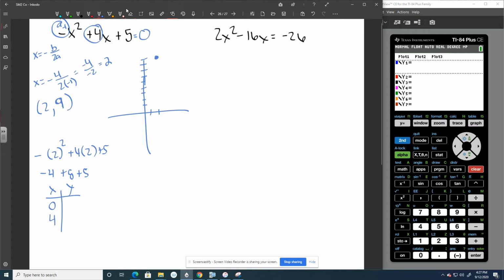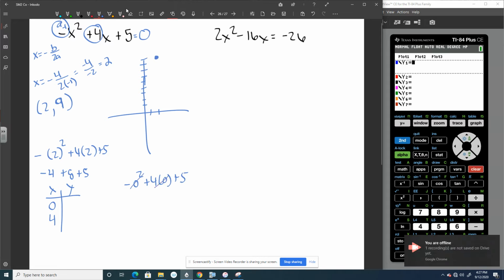So when I plug in a 0 up here, I get negative 0 squared plus 4 times 0 plus 5. Well, that goes away, and I'm just left with a 5. So that was really easy. When x is 0, y is 1, 2, 3, 4, 5. So there's one of my points.